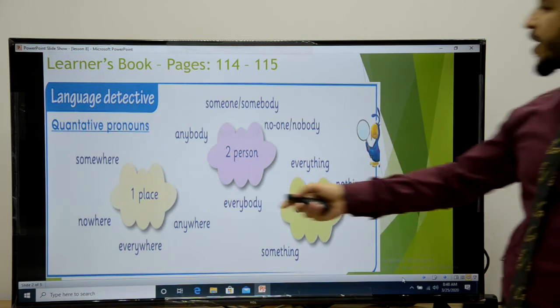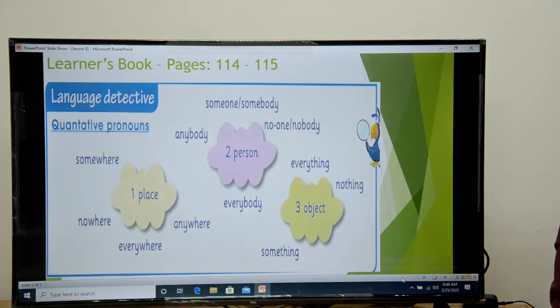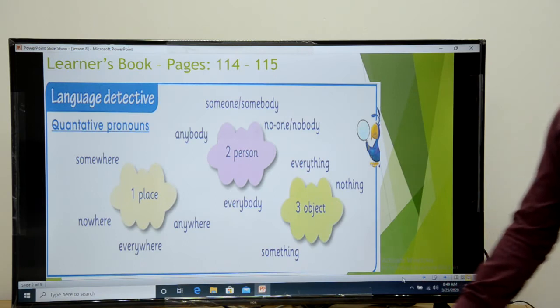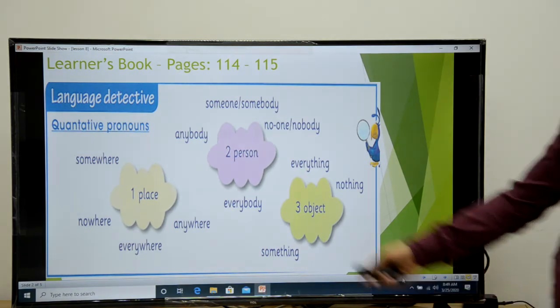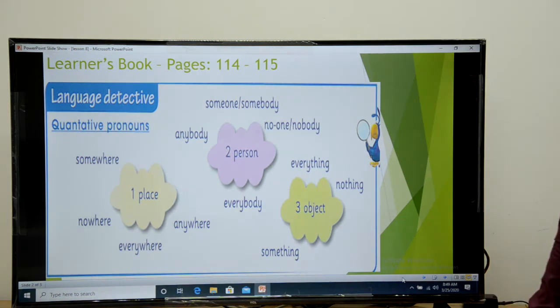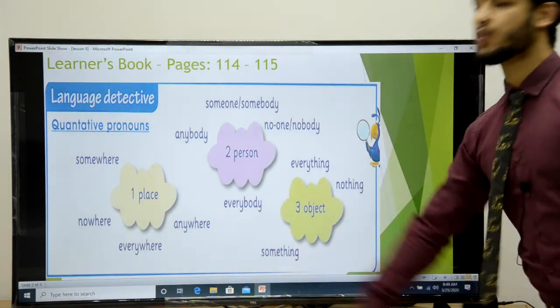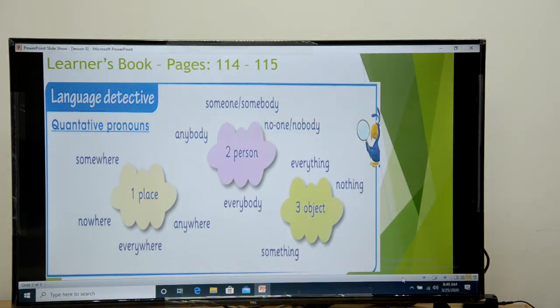Nowhere is negative in itself. Like when I say I looked nowhere, I didn't say not, because nowhere is negative without saying not. Anywhere, we use it in the negative after not.